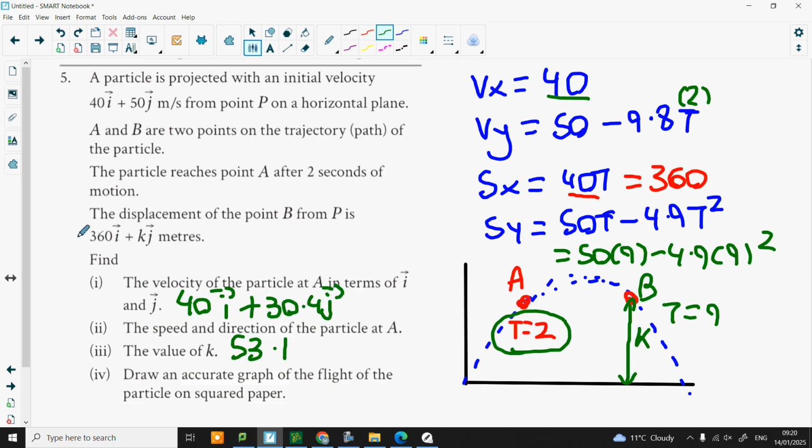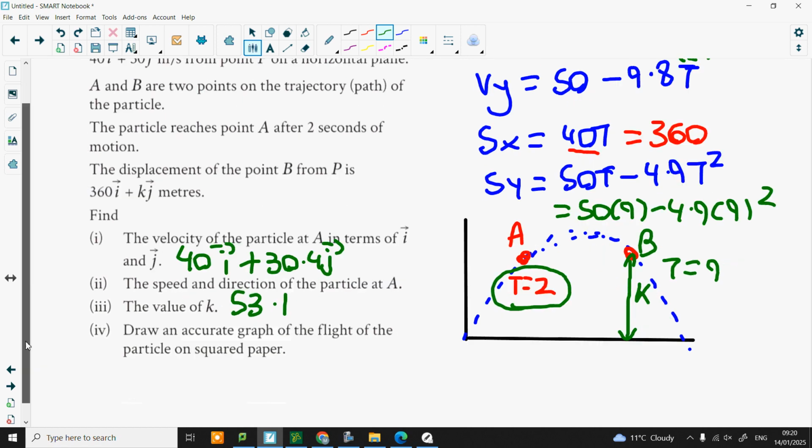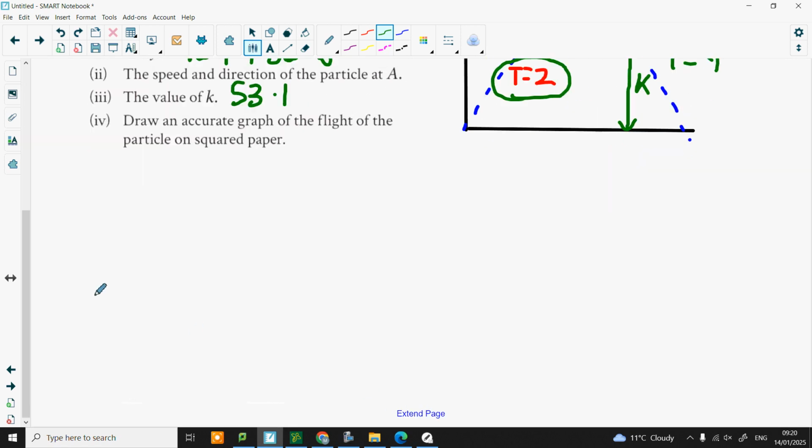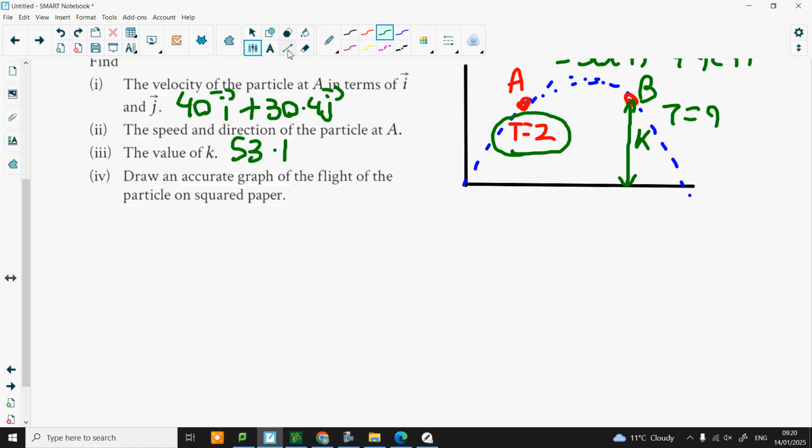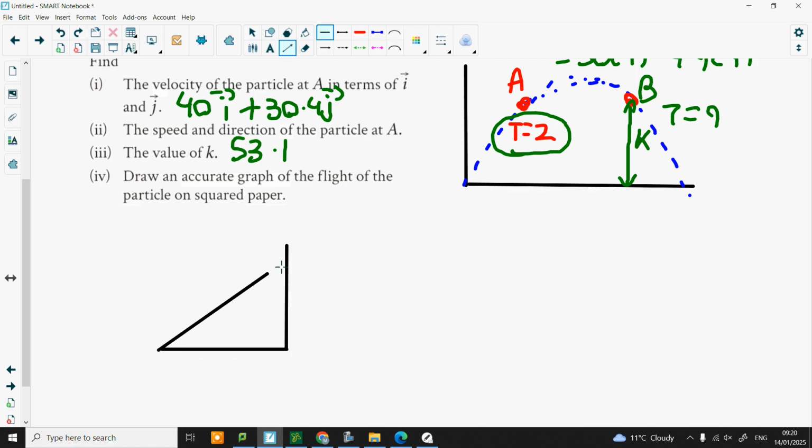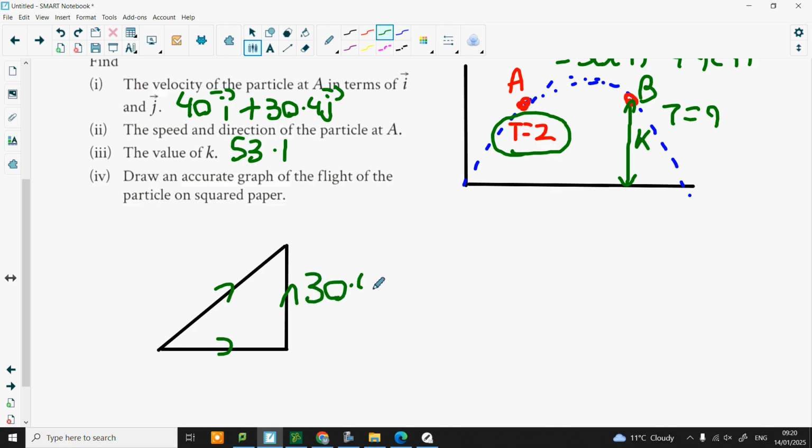Now, it wants us to get the speed and direction it's doing. So this is where your trigonometry is about to come in. Ready? So it wants us to get the speed and direction. So check this out. You're going to do 30.4 this way, 40 this way.